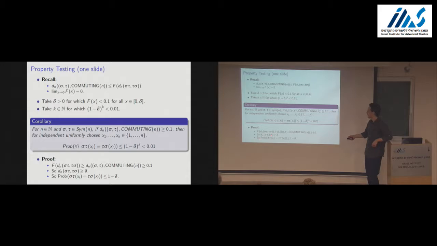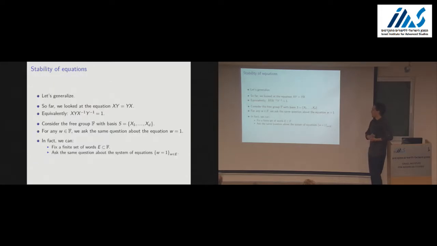And then, just by the way I picked delta, this distance between sigma tau and tau sigma must be large, which means that there are many places where those permutations differ. So if I just plug in one of the xi's, I have a probability of detecting this which is bounded away from 0. So if I just repeat it k times, I can get very low probability of missing the fact that they don't commute, so very high probability of detecting it.